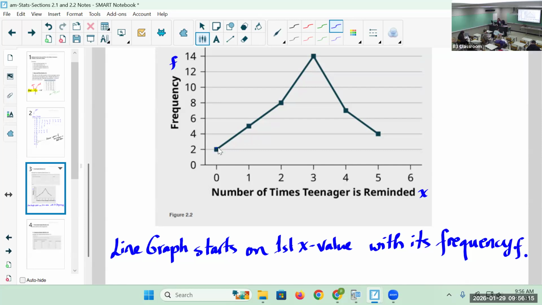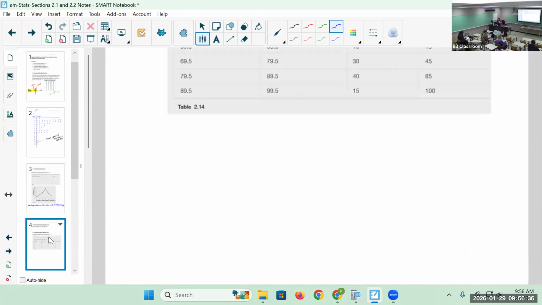So this point starts with the first X value, which is 0 reminders, and its frequency, which is 2 from the table. Again, seems like a normal situation, but in the next couple of examples, things are going to change. So I wanted to make sure you wrote yourself a note here.